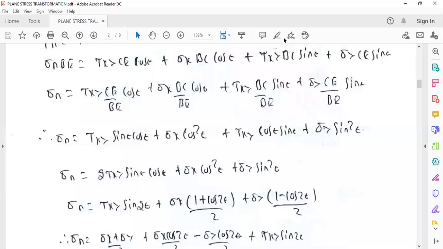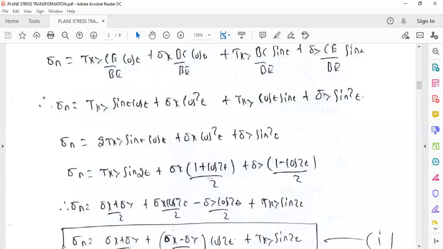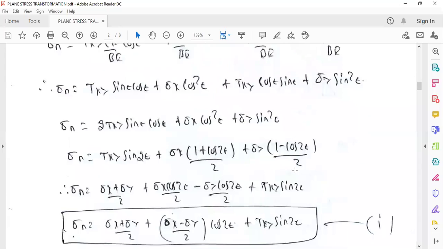Okay. Now, there are two tau xy terms, this and this. This will become 2 tau xy sin theta cos theta plus sigma x cos square theta plus sigma y sin square theta. Cos square theta can be written as one half of 1 plus cos 2 theta, and sin square theta as half of 1 minus cos 2 theta.